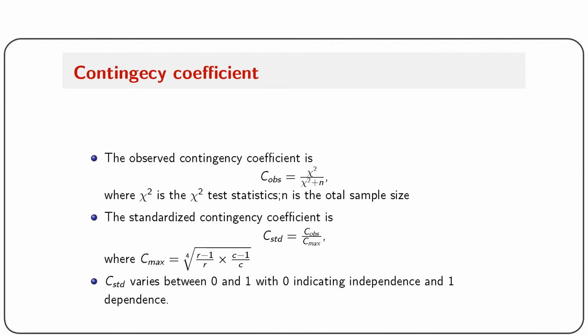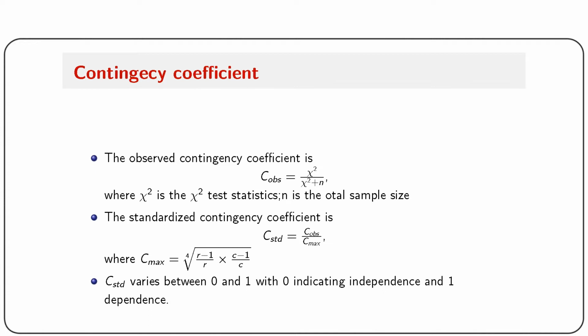Another measure of association for ordinal and nominal data, that is categorical data, is the contingency coefficient. The observed contingency coefficient is C observed, which is chi-square divided by chi-square plus n, where chi-square is the chi-square statistic and n is the total sample size.